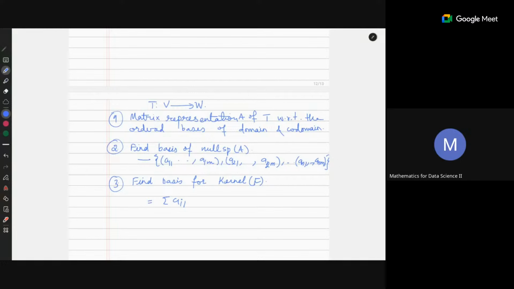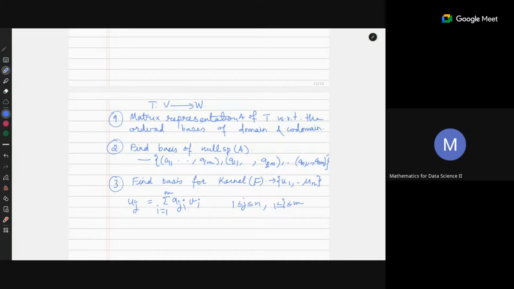Okay, let me take a different equation. Ui to be uj for j varying in 1 to n and i varying in 1 to n, so you will get u1 up to un.